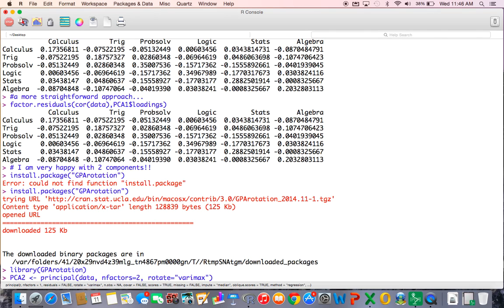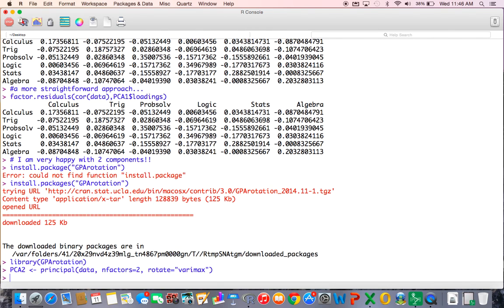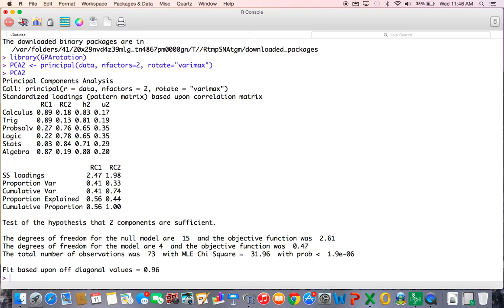All right. Hit enter, type PCA2, and let's see what we actually get here.